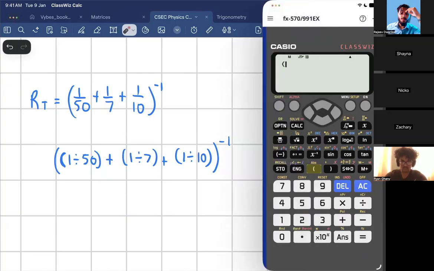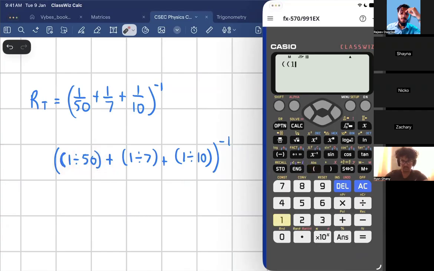So Nikolai, we get exactly 3.80. So again, Nikolai, you see how you made a mistake there and left out the bracket for the 50. You gotta be careful. Anytime you put in a fraction, you need to open the bracket and close the bracket.